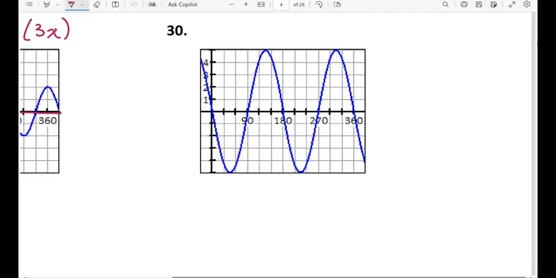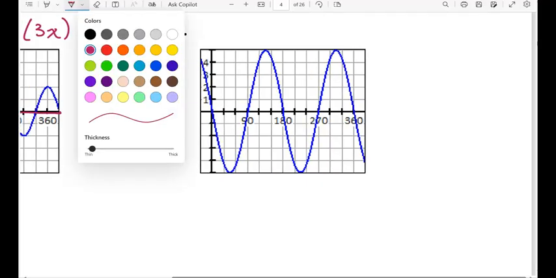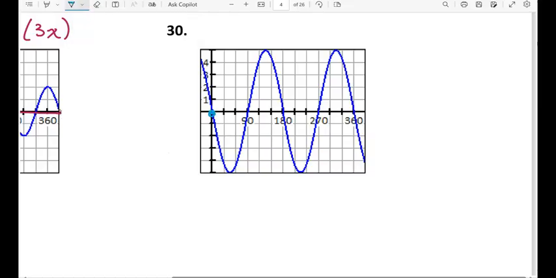All right, let's take a look at number 30. In number 30, there again is no vertical shift. And if we highlight one cycle, this looks like a sine curve because it starts in the middle, but it's going down first. So that must mean it's an inverted cosine. I'm sorry, an inverted sine. Our amplitude is 5.